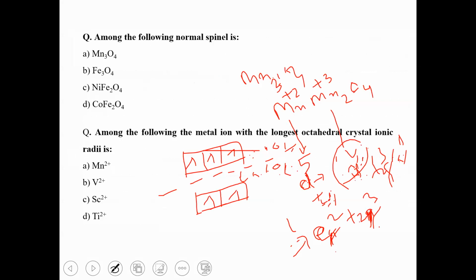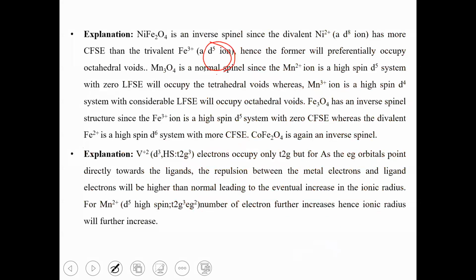And Mn3O4 is a normal spinel, since the manganese +2 ion is a high spin d5 system with 0 LFSE, as I have already explained, that it has 0 ligand field stabilization energy. So if it is a normal spinel, it will occupy the tetrahedral voids.